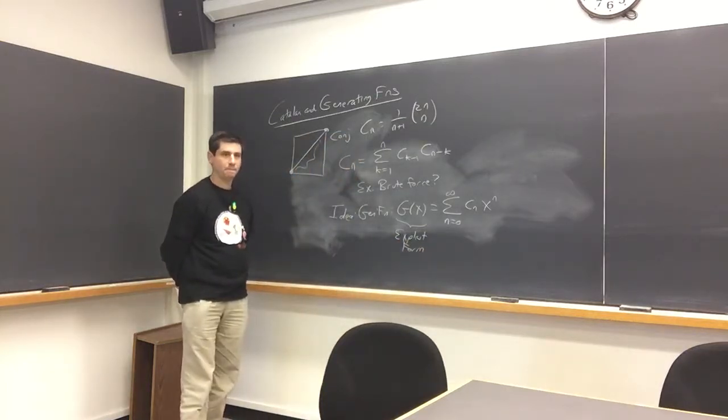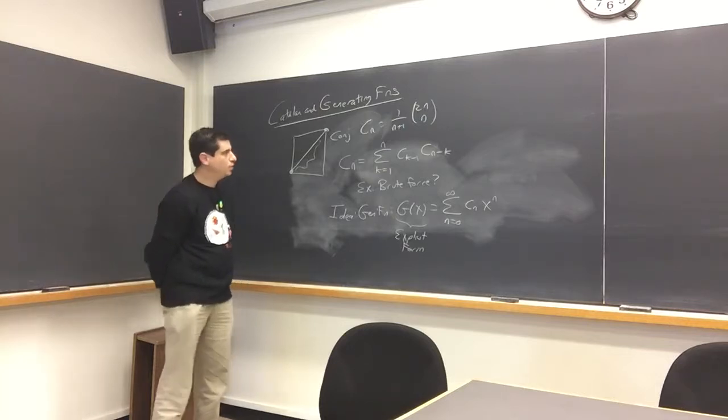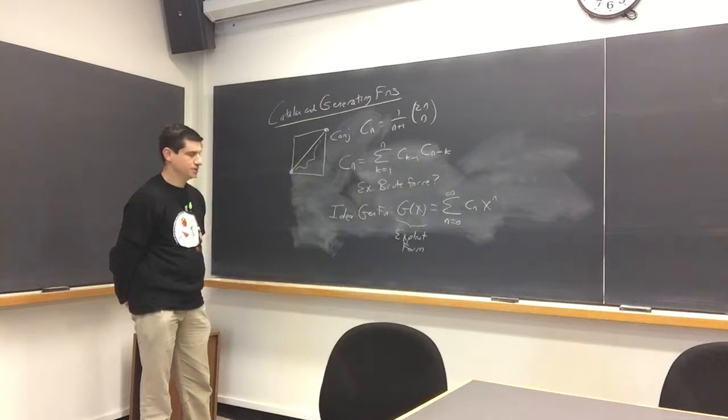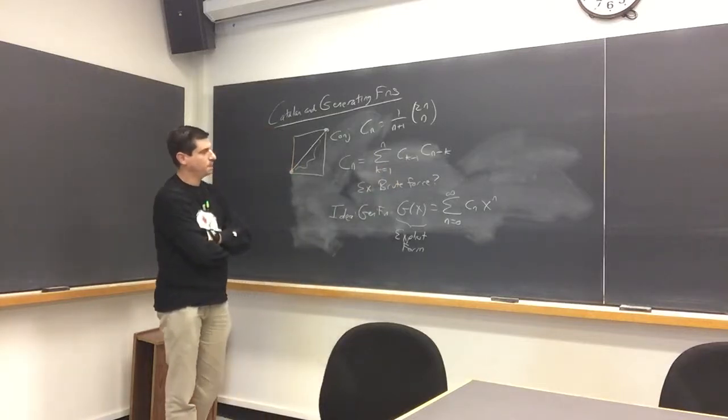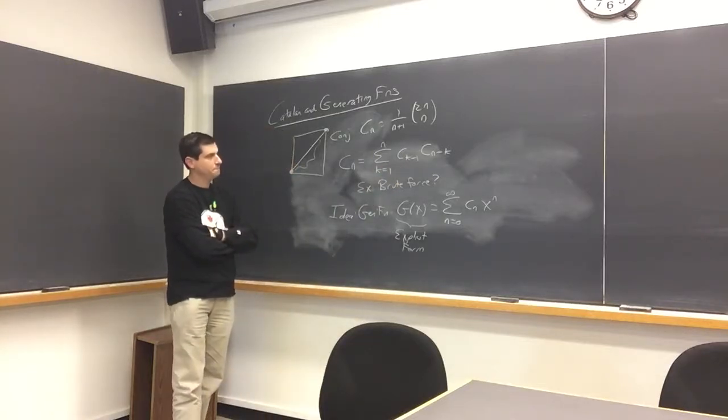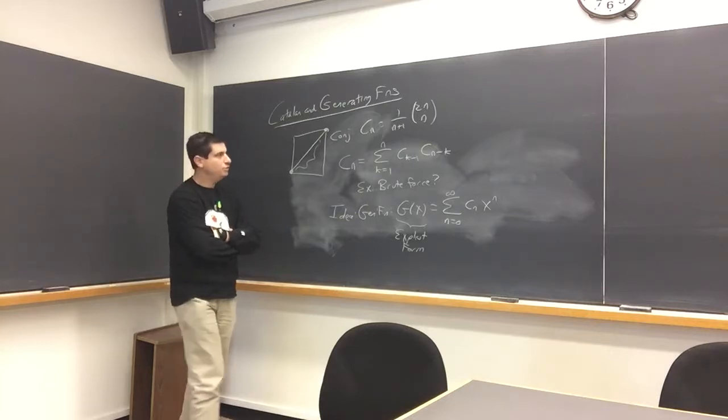Right? So the question is, what is the best way to view this? And when you see a product like this, what do you think? Now, I could rewrite this.